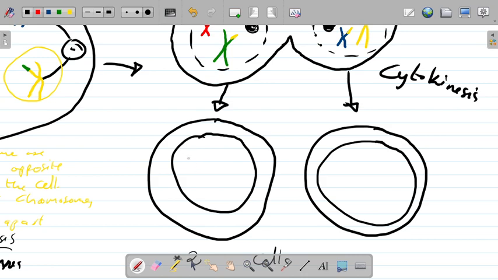Let's draw the chromosomes again quickly. Then the green one. There and there.